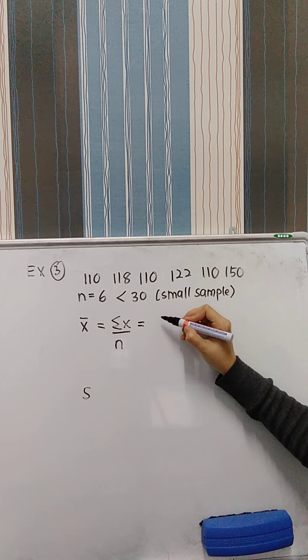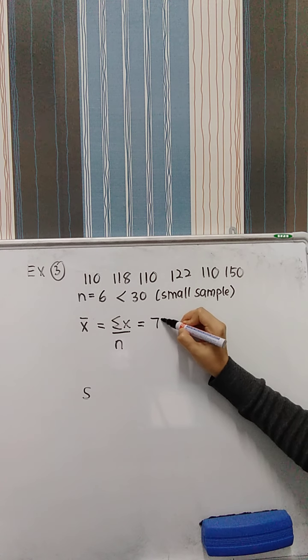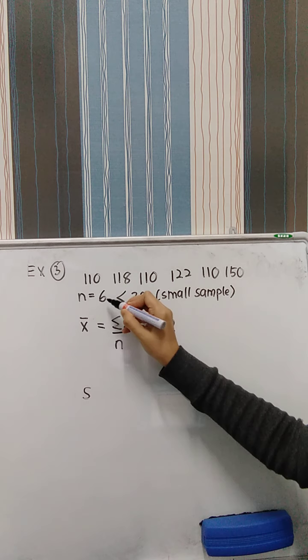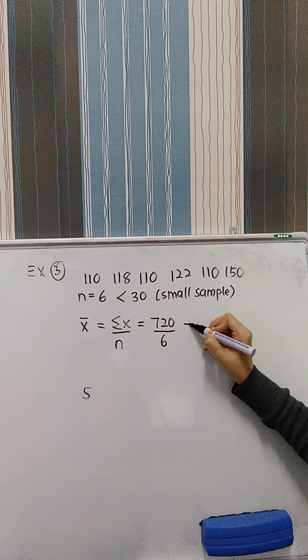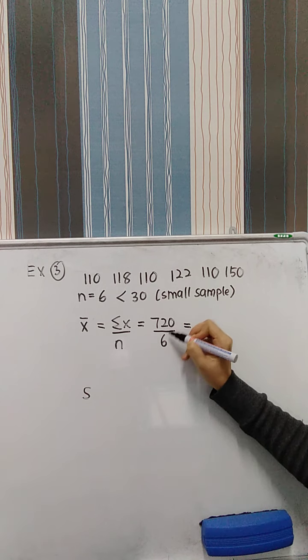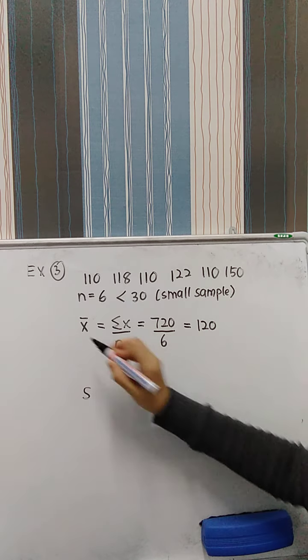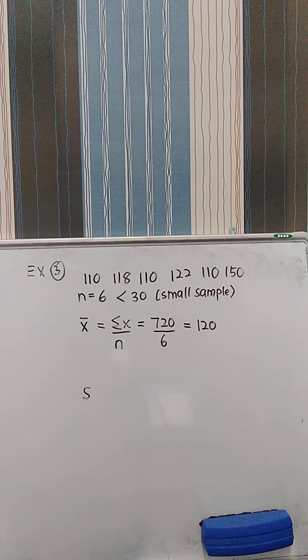So the total X is 720. And then you divide by N. N is 6. So your X bar is 720 divided by 6, which is 120. This is your X bar. You need to calculate it because it's not given in the question.